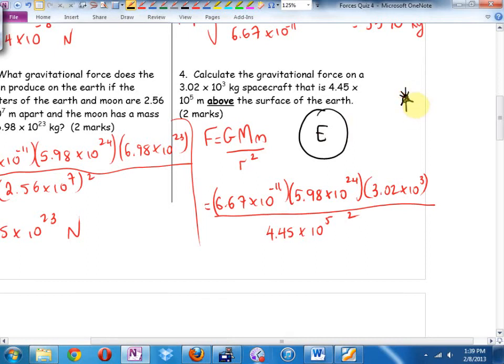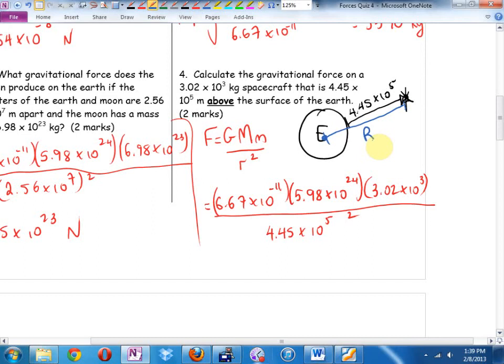Here's the little spacecraft out there. Brad, they gave me that distance. This is 4.45 times 10 to the 5th. What I need to use is this distance, which is the orbital radius. How can I get that?